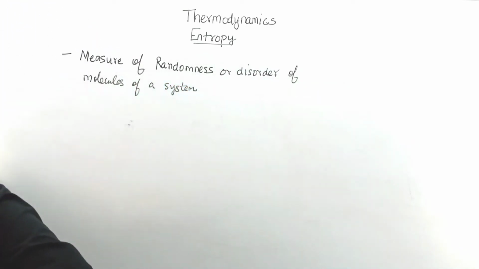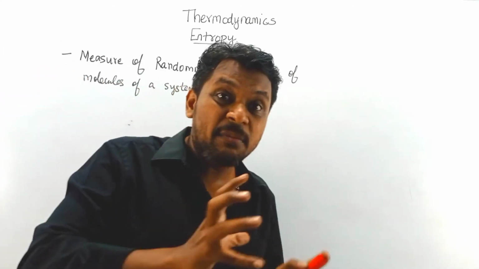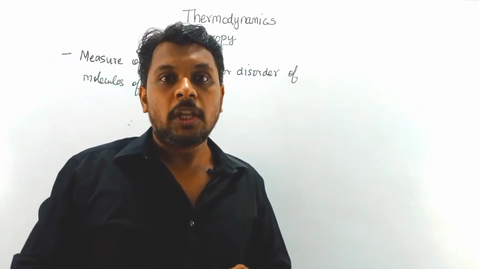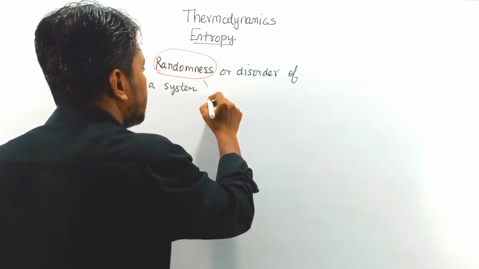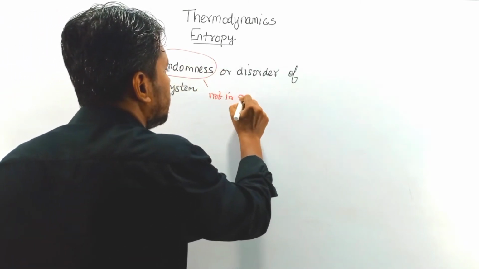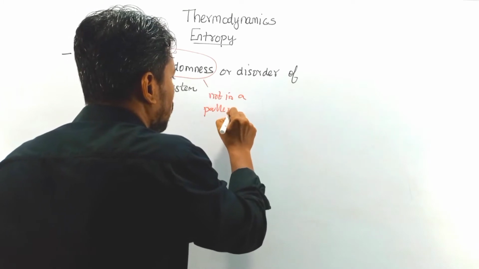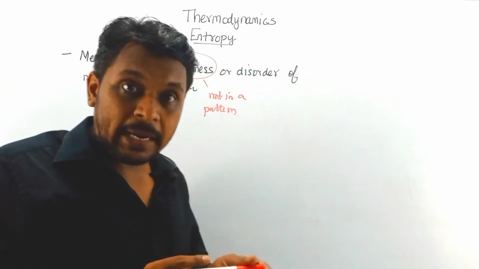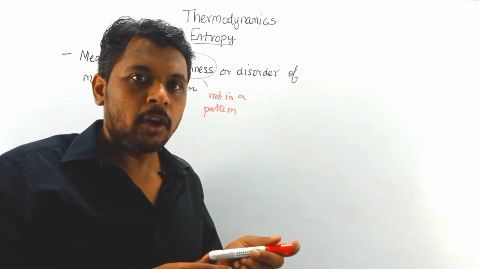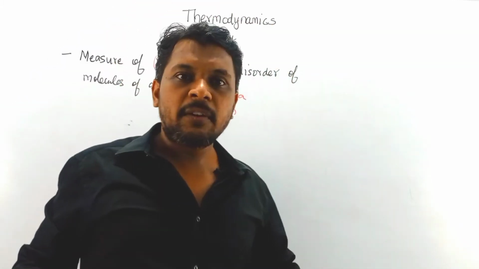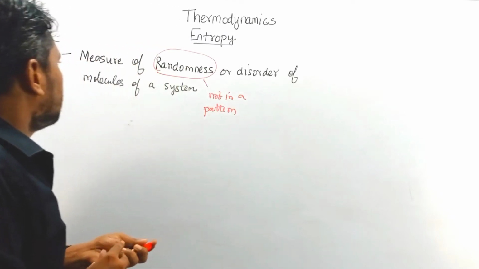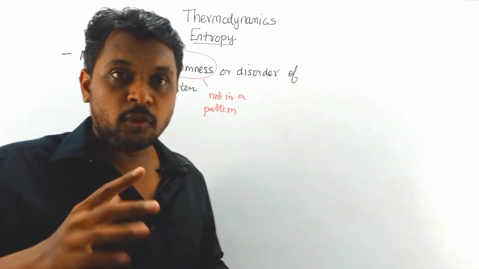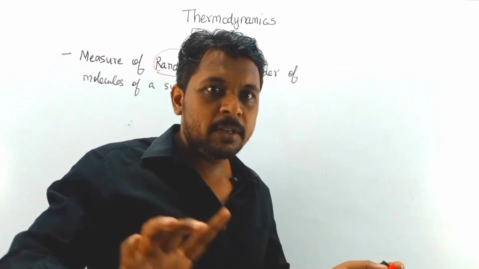It is a measure of the randomness of the molecules. Randomness means not in a pattern. That means you don't have any fixed pattern. The molecules are moving in a random manner and do not move in any pattern. So it is the measurement of the randomness of the molecules.